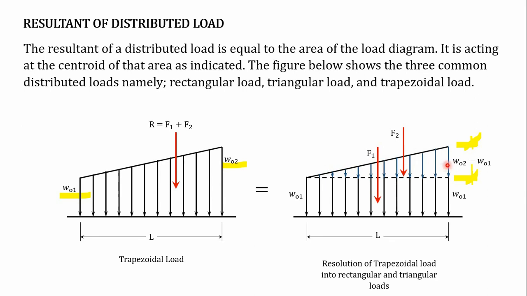F1 is located at 1/2 times L. And the location of F2, from this point, is equal to 2/3 times L. That is 2/3 times L, and this is 1/2 times L, L over 2.